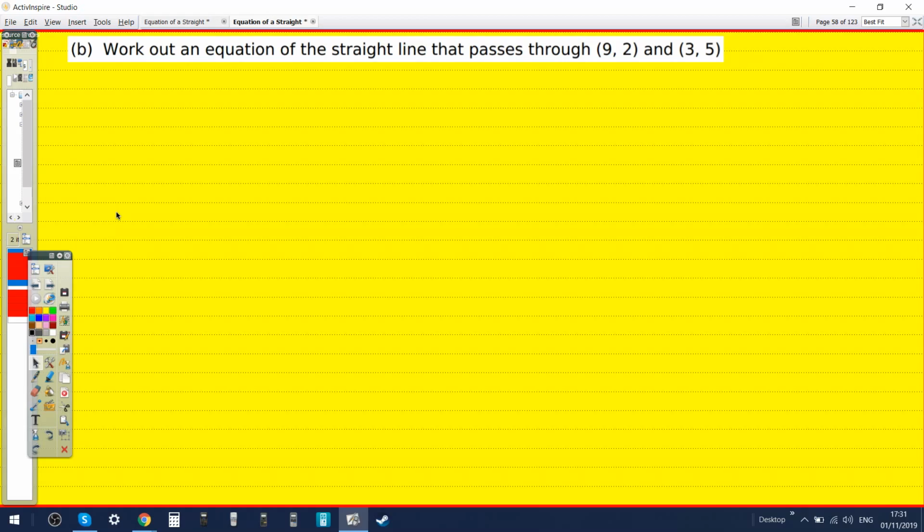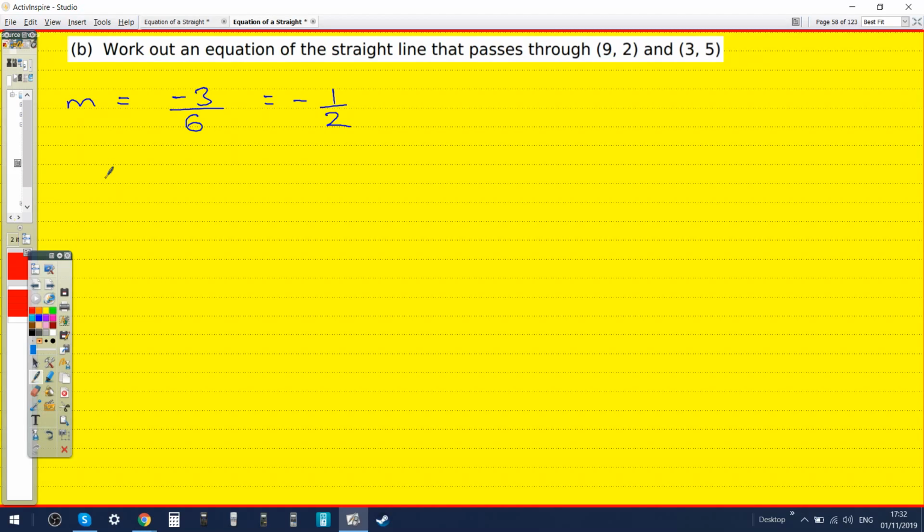9 minus 3 is x, which is 6. And then 2 minus 5 is minus 3, which is y. So minus 3 over 6 is minus a half, I think. Then we have to sub in. We can sub in one of the coordinates into the equation this time, because we don't have the graph.